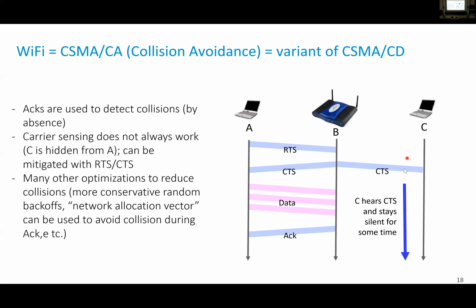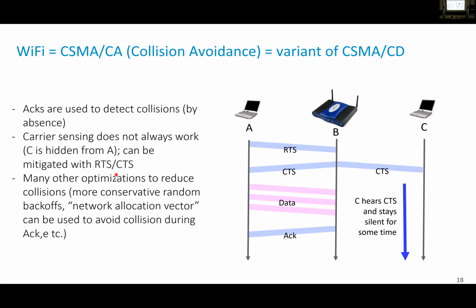C will see that something is going to happen, and the CTS contains a prediction of all the time it will take to do the data transfer and the acknowledgement. So C knows it has to defer for some time. So this is one of the main optimizations that has been done.